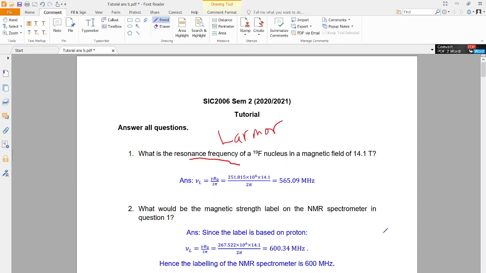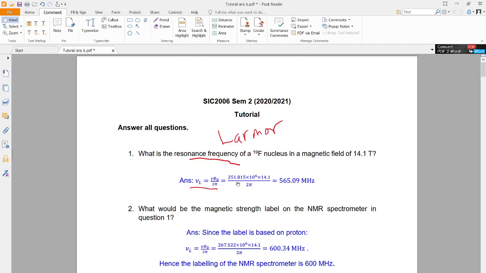Okay, so the Larmor frequency, here's the equation. You have the gyromagnetic ratio, and you have the magnetic field, over 2 pi.